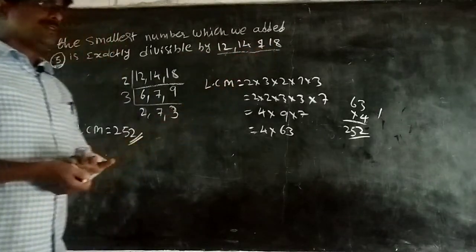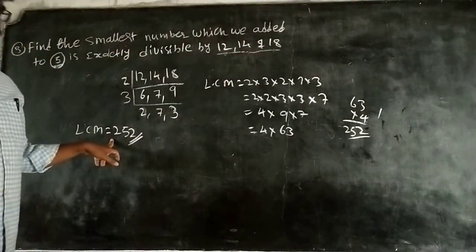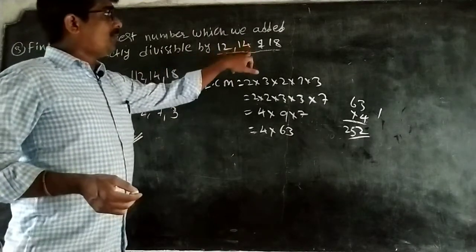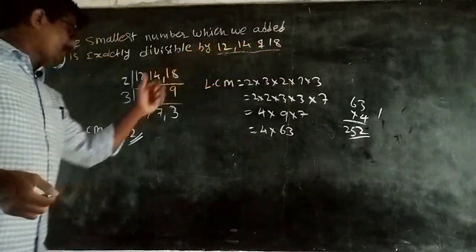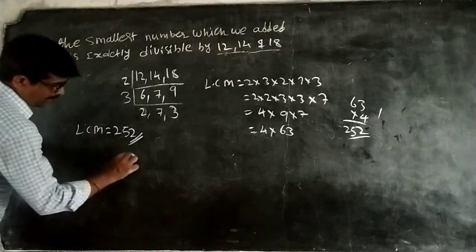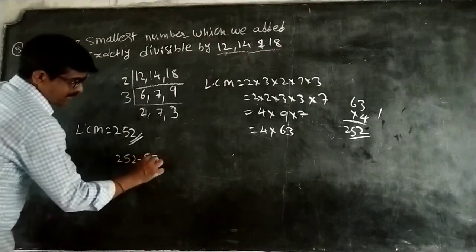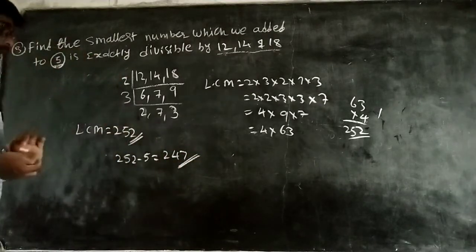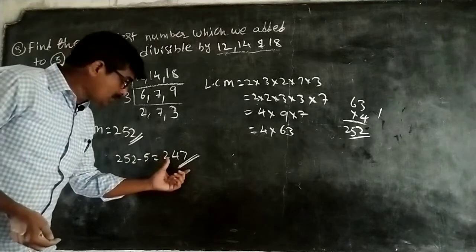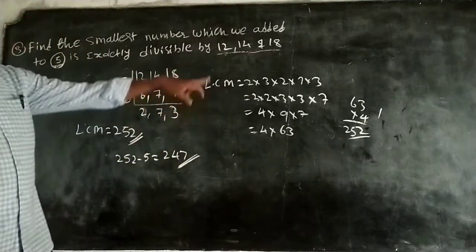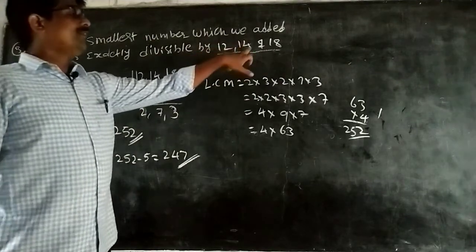So what is he asking? A number which, if we add 5, is exactly divisible by 12, 14 and 18. 252 is exactly divisible by 12, 14 and 18. So we have to do subtraction of 5: 252 minus 5 is equal to 247. Now if we add 5 to 247, it becomes 252, so that number is exactly divisible by 12, 14 and 18.